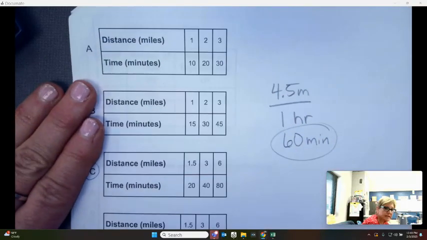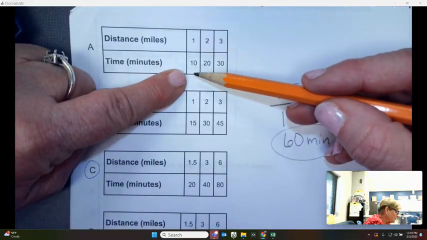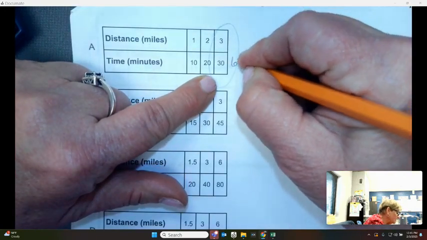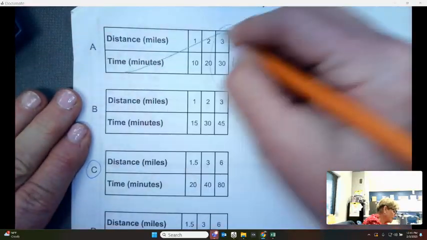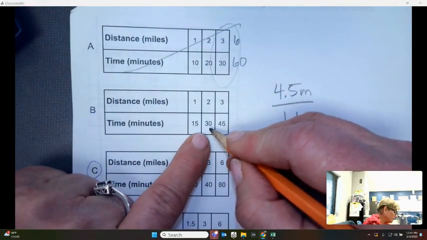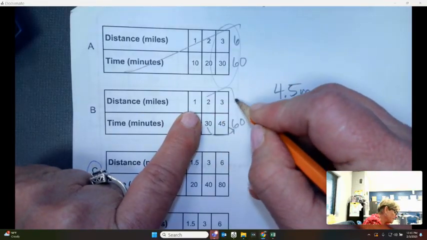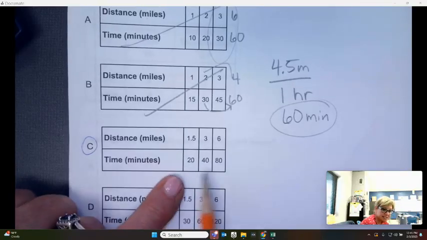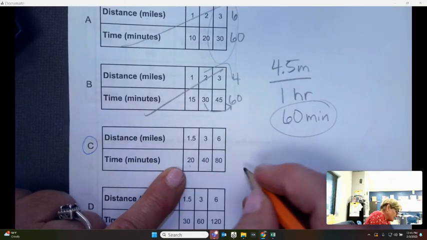So if we look at what we have, I have 10, 20, 30. I could double the 30 to get 60. If I went from 30 to 60, that would be 6 miles, which is too many, so it can't be that one. Same thing here, 30 to 60. 30 times 2 is 60. 2 times 2, that would be 4 miles, so it can't be that. Oh, I don't have a 60 here, but I could go from 20 minutes to 60 minutes.